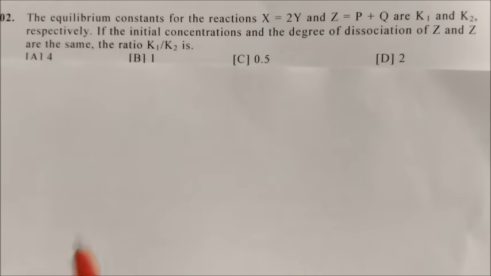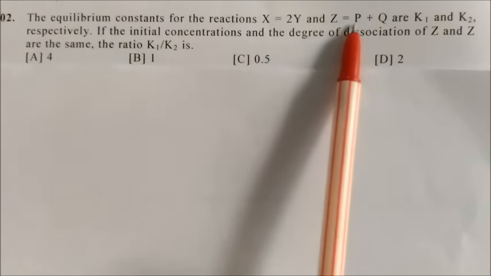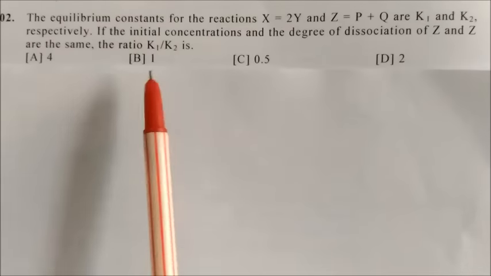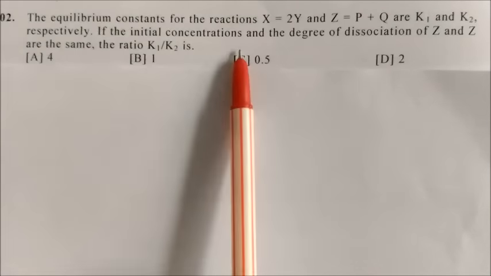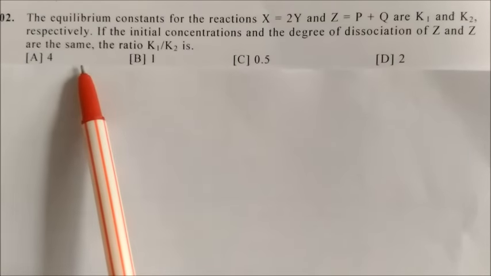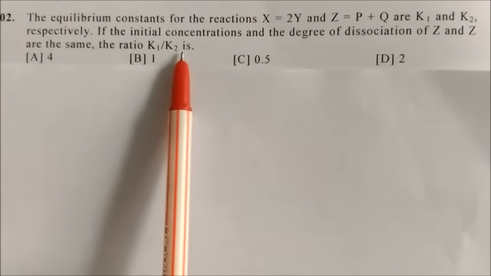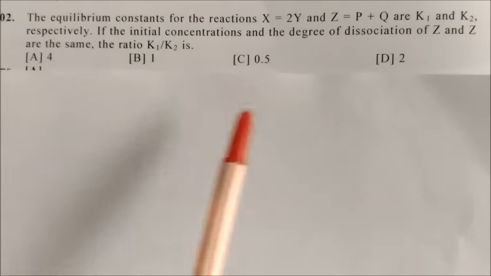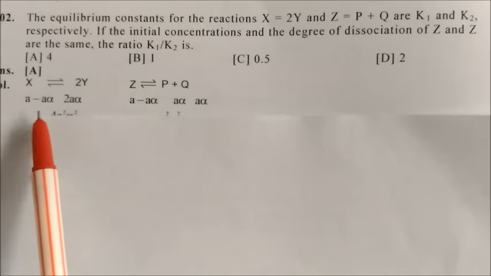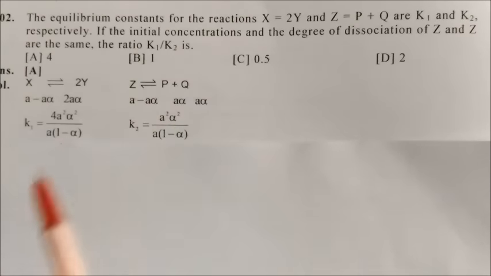The equilibrium constants for the reactions X equilibrium 2Y and Z equilibrium P plus Q are K1 and K2 respectively. If the initial concentrations and the degree of dissociation of X and Z are the same, what is the ratio of K1 and K2? So we have to write these two reactions. X is in equilibrium with 2Y and Z is in equilibrium with P plus Q. So write the equilibrium concentrations.